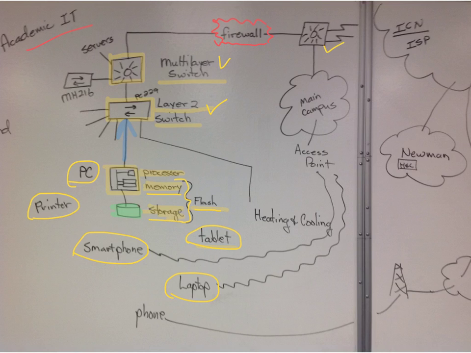Login's different than the rest of campus here in the academic IT, if we were to split it. Now, some students had their smartphone or laptop, and they were connected wirelessly to an access point. This access point is connected to the main campus.